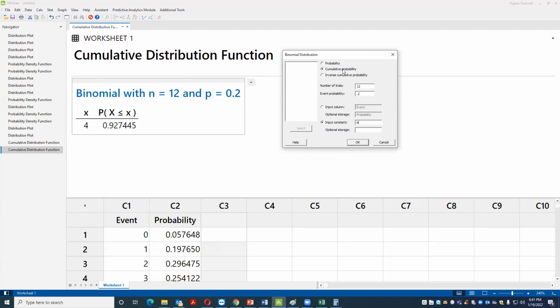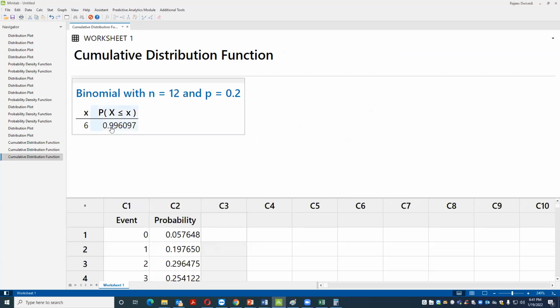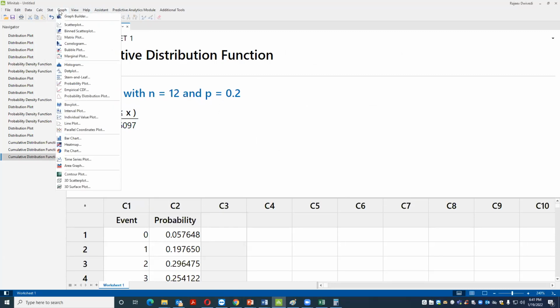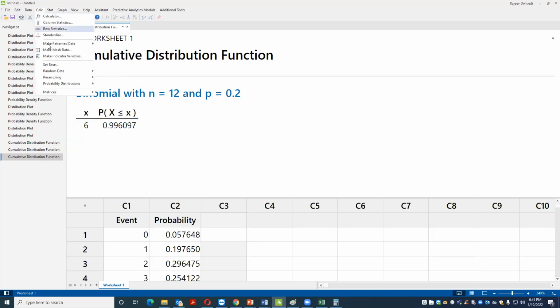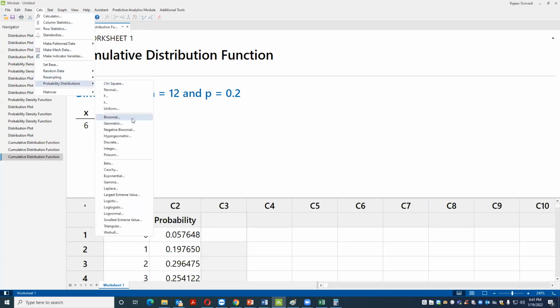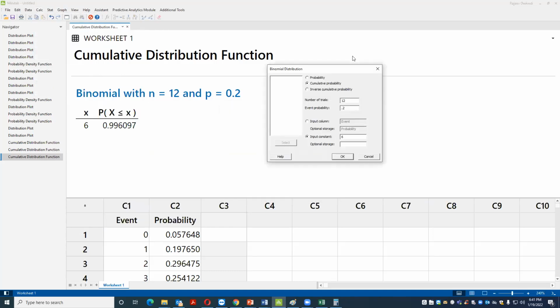I'm using cumulative. Okay, I made a mistake, so I'm going to rectify that. So binomial, cumulative, more than 5.